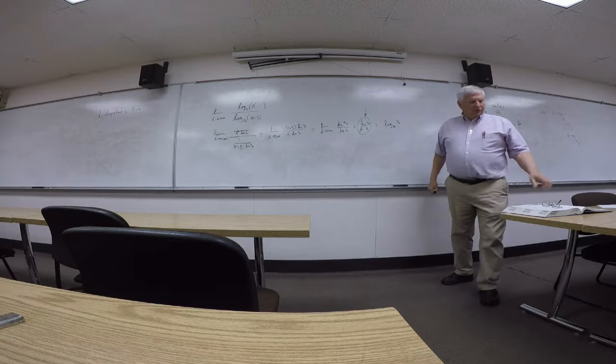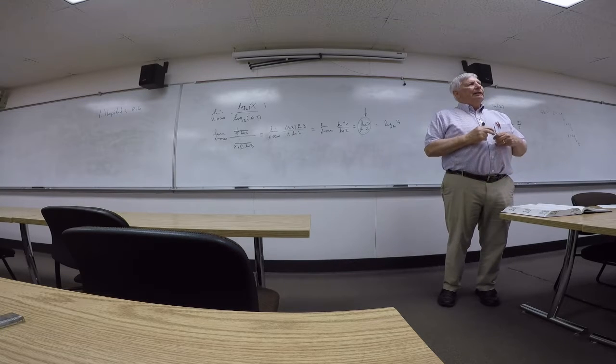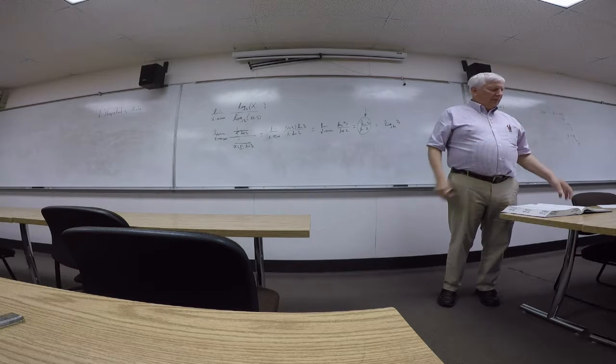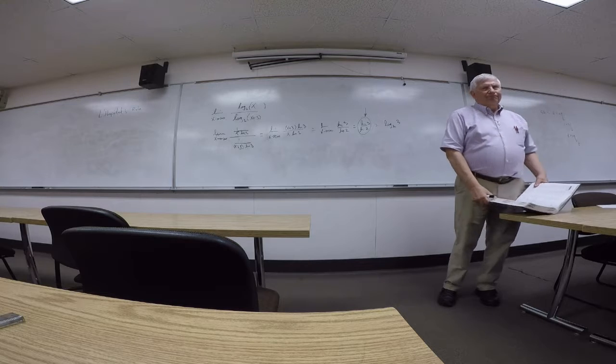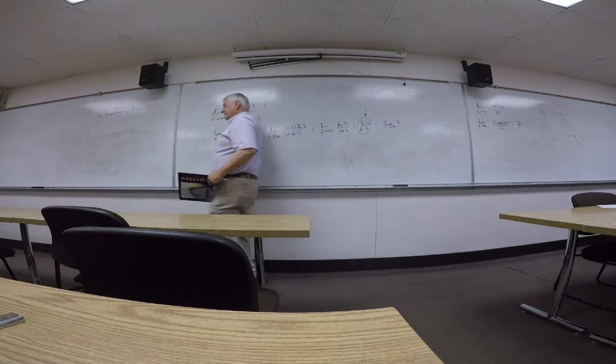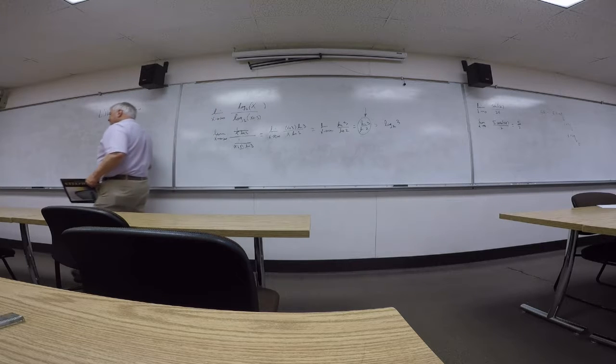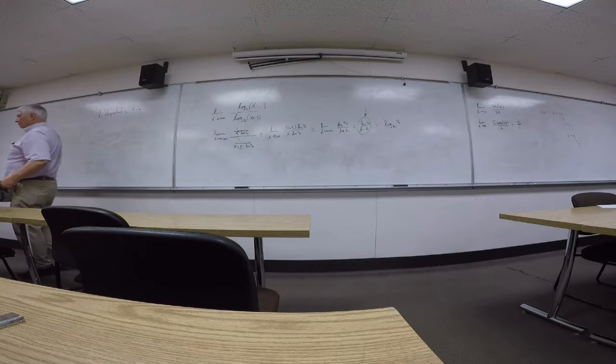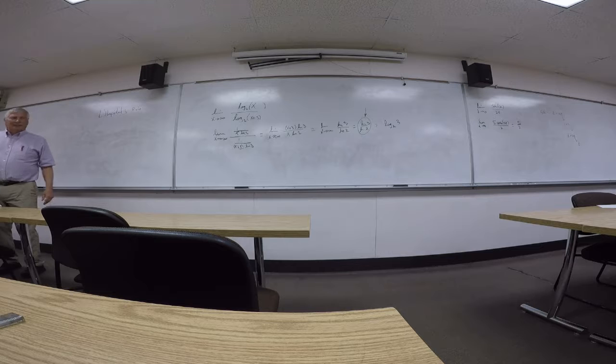As I said, there's also a logarithm issue. If we have the form 1 to the infinity, or we have the form, well, no, let's go the other way. Let's look at one.